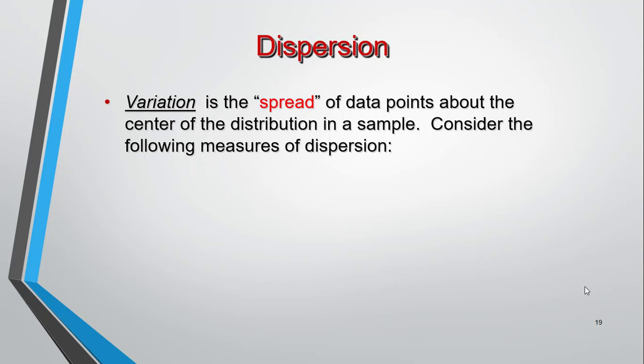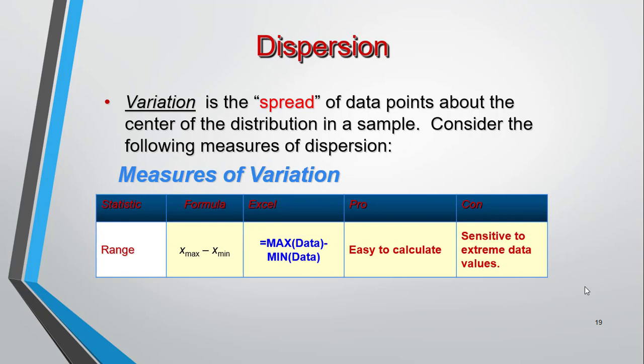The next, let's talk about the dispersion of data. What is dispersion or variation? Variation is the spread of data points about the center of the distribution in a sample. Let's consider the following measures of dispersion. The first one is range, the range of data, which is the maximum minus the minimum.